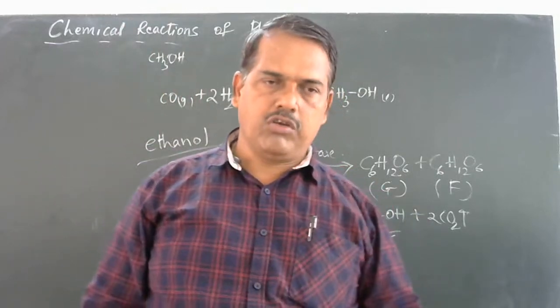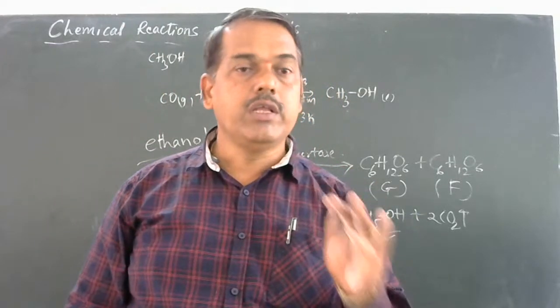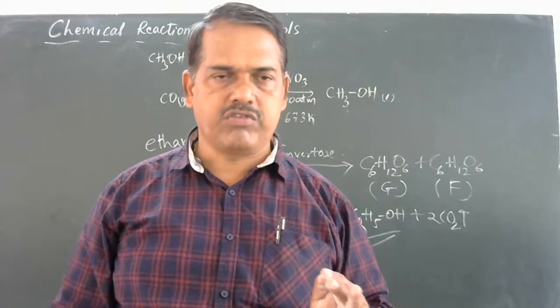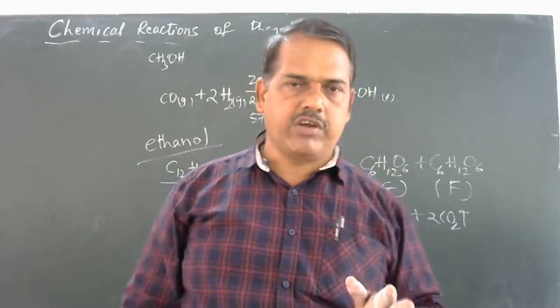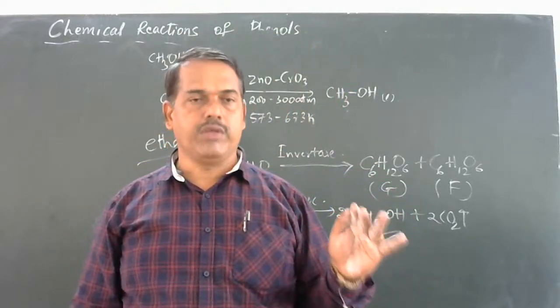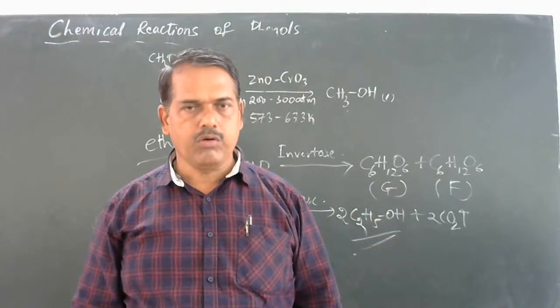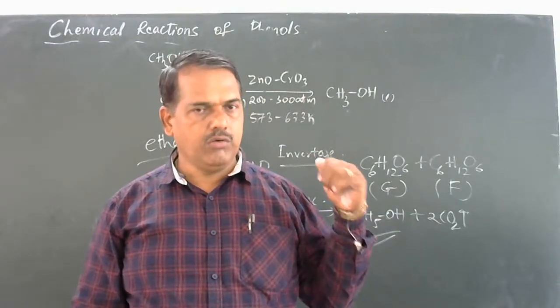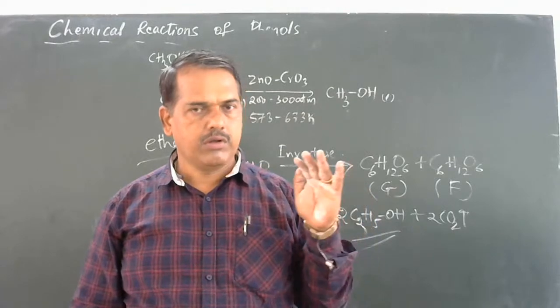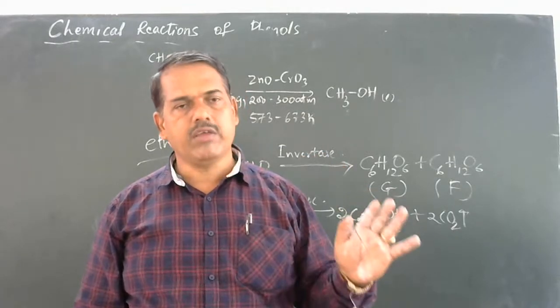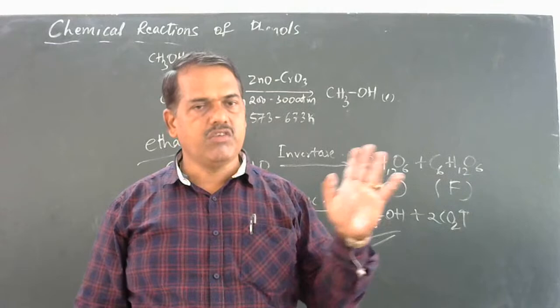And we shall continue our study on ethers. Next we have to study about ethers, and some of the nomenclature of ethers. You studied now the preparation of methanol as well as ethanol. Methanol is poisonous.